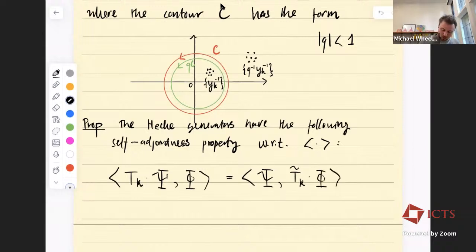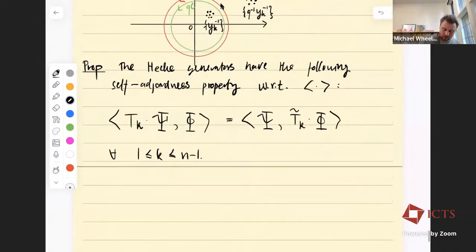This holds for all k from 1 up to n minus 1. I didn't define t_k tilde: it is just the original Hecke operator, but where I switch x_k and x_{k+1}.